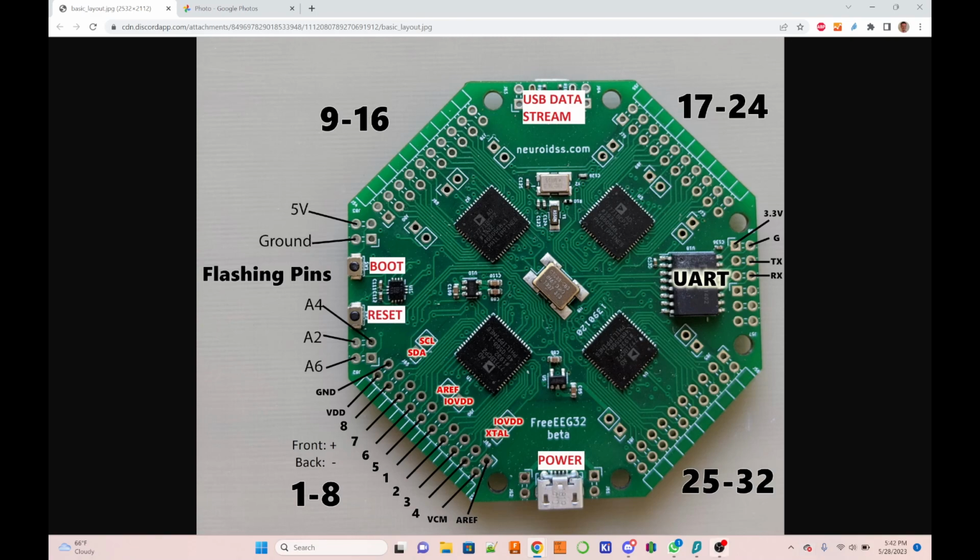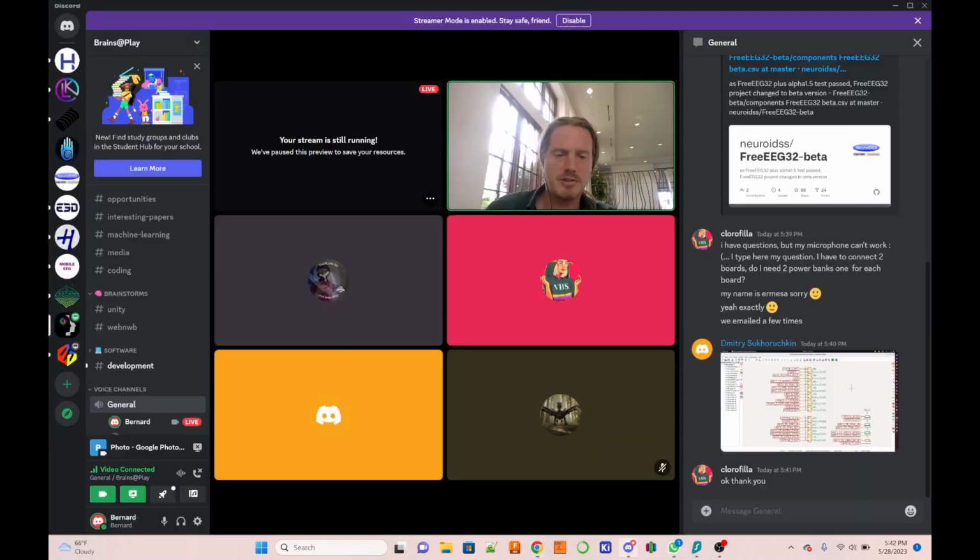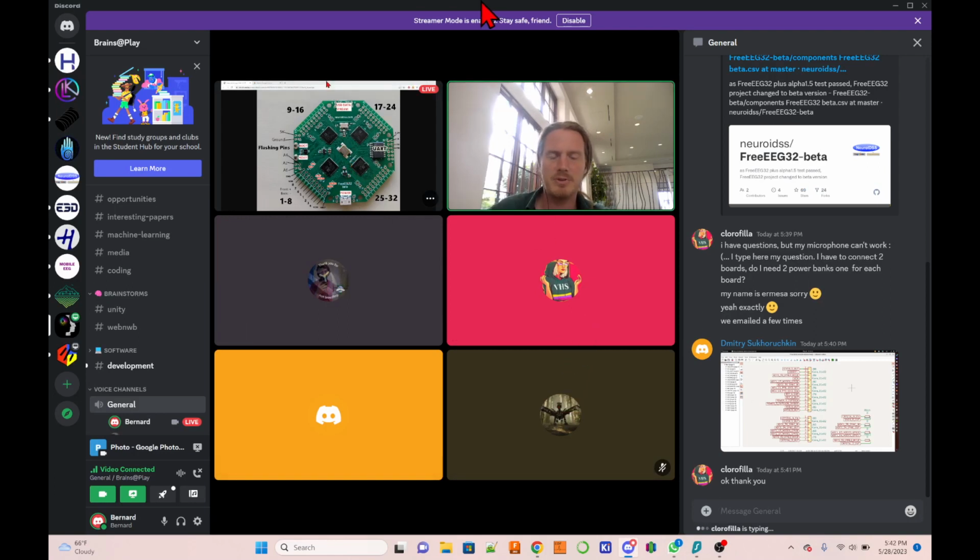The first is that my project was hyperscanning: scanning multiple brains, each having their own headset and their own board, and looking for synchronicity between the brains.